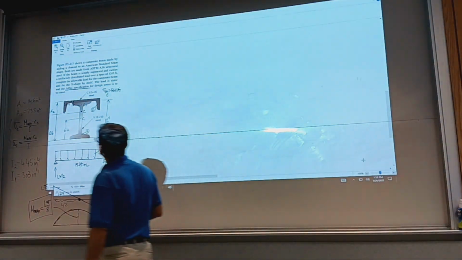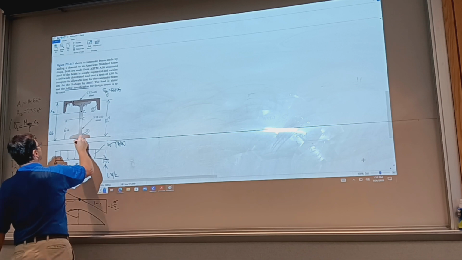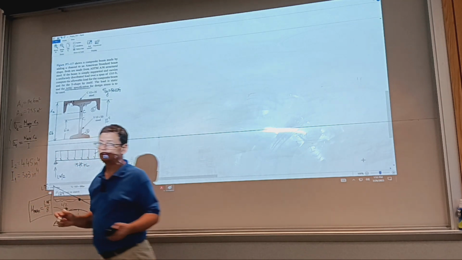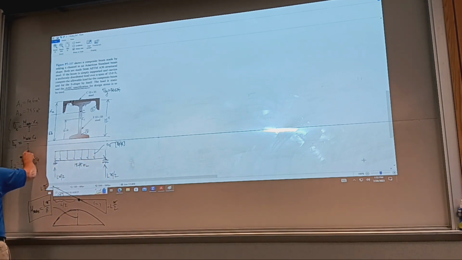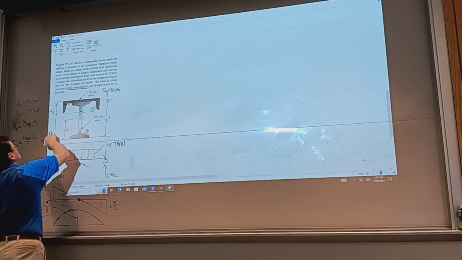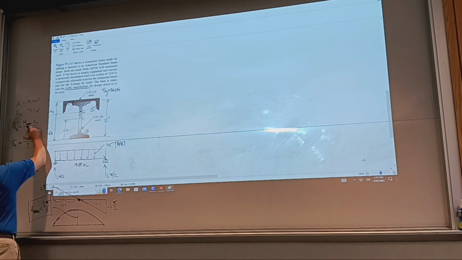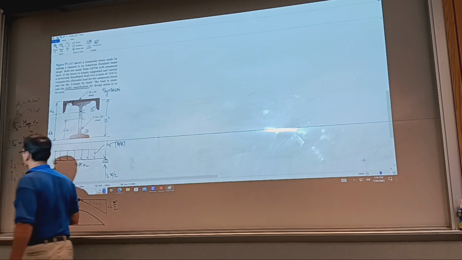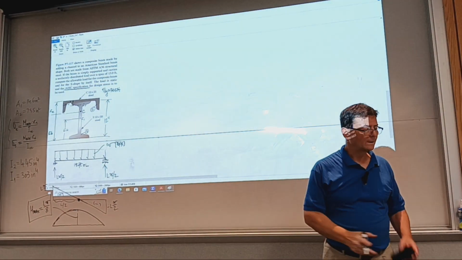Actually, this is the most stressed area, and it's tensile, so we can focus just on this area. But firstly, we need to find the centroid to evaluate these two. We don't know them, and then we need to know the total, 1 plus 2. What is the resultant area moment of inertia? Does it make sense?